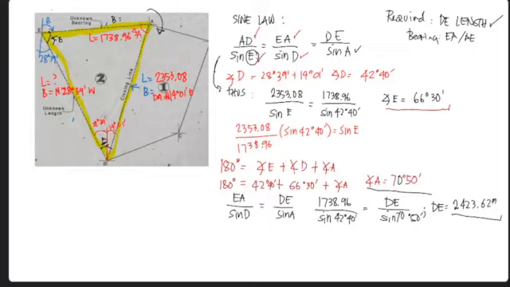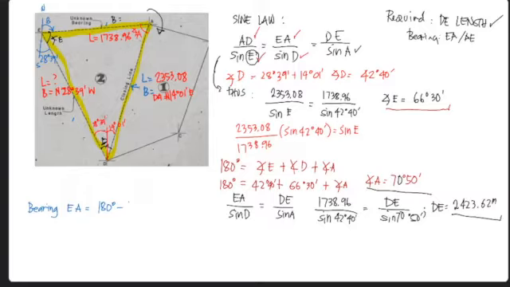So, bearing ni EA is equals to 180 degrees, so north and south. So, north to south, 180 degrees yung buong takbo niya, di ba. So, minus yung ating interior angle E, which is 66 degrees and 30 minutes. And also minus yung ating 28 degrees, 39 minutes na bearing ni DE. So, yan yung ating EA.